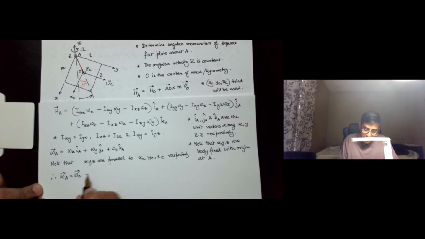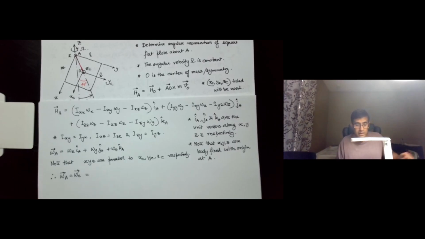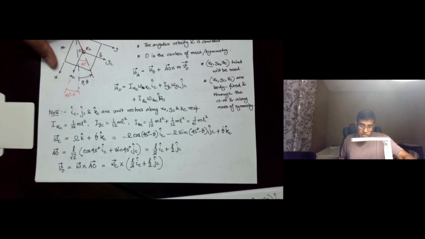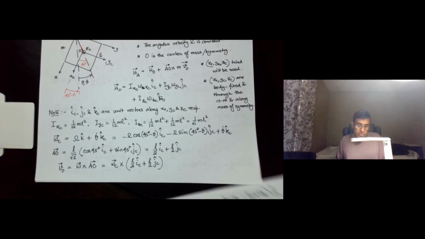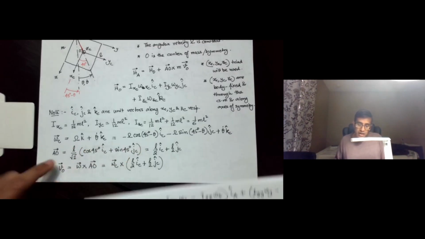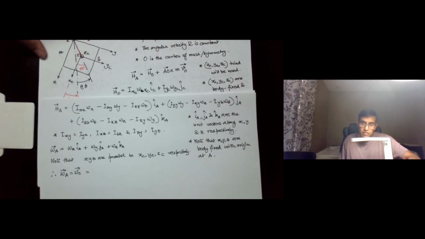The expression for omega A is going to be, I'm not repeating the derivation of the angular velocity. If you go to the previous video, you will find the derivation of the angular velocity omega c, and so I'm just going to take the expression. So I'll write the expression here.